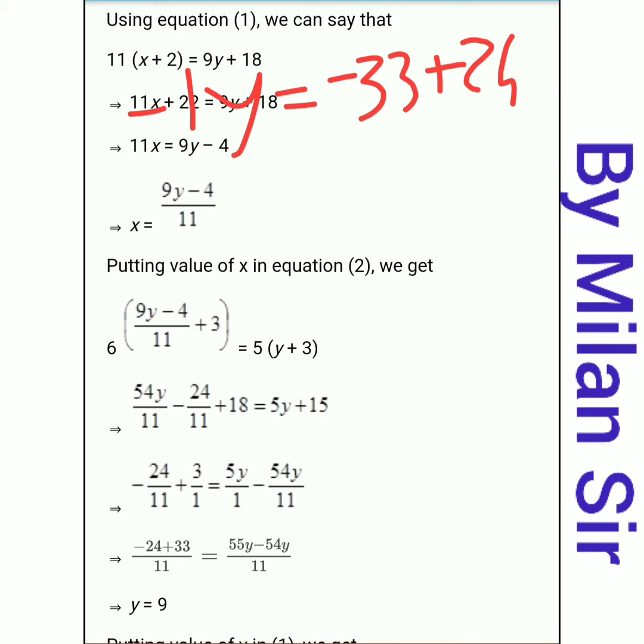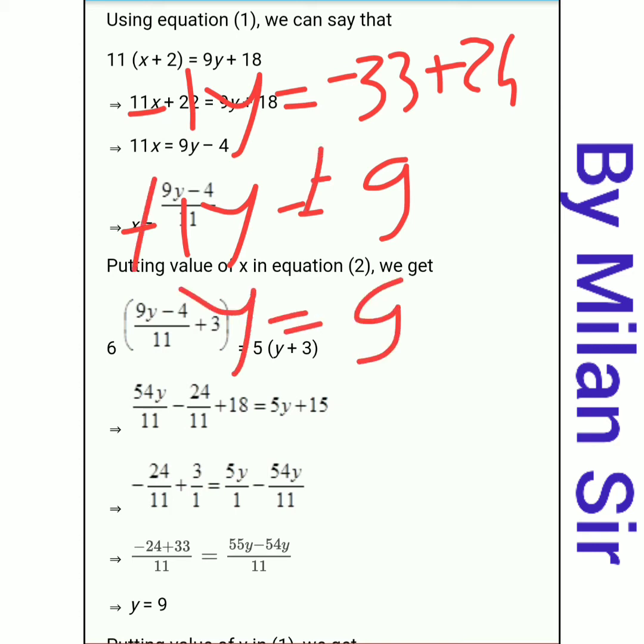Now minus 1y is equal to minus 33 plus 24, it is 9, and the bigger number's sign is minus. So minus minus cancel from both sides, and we get y is equal to 9. So our y is equal to 9.